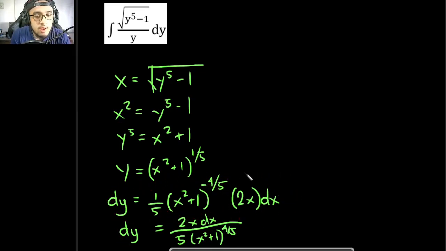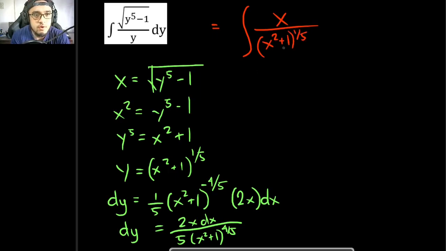Okay, so now that we have all of this, what we would be doing is substituting these values into the equation to make it much simpler. So this is equal to the integral of, what would be this one right here? That is your variable x. So that is x divided by y, and our y is x squared plus 1 raised to 1 over 5.